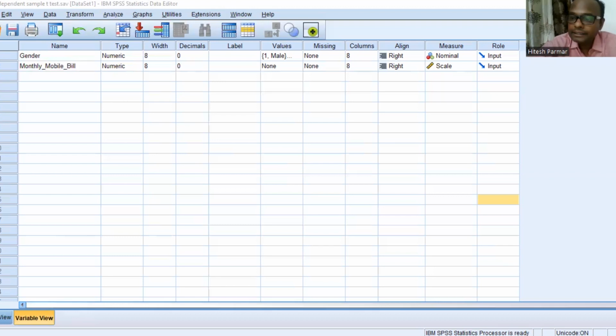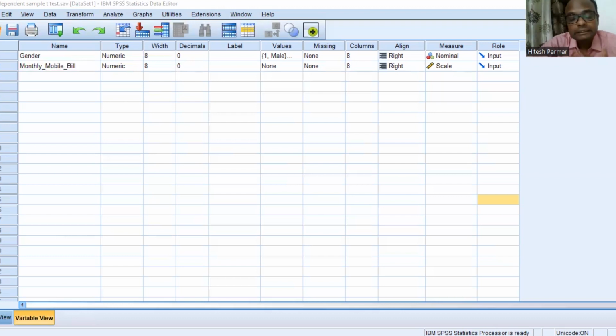If you are applying a chi-square test, then it's a chi-square calculated. Whatever test you are applying, that will be your calculated value. Against each calculated value, there will be a p value, called the significance value. P stands for probability. The software has given us a p value which is 0.884.